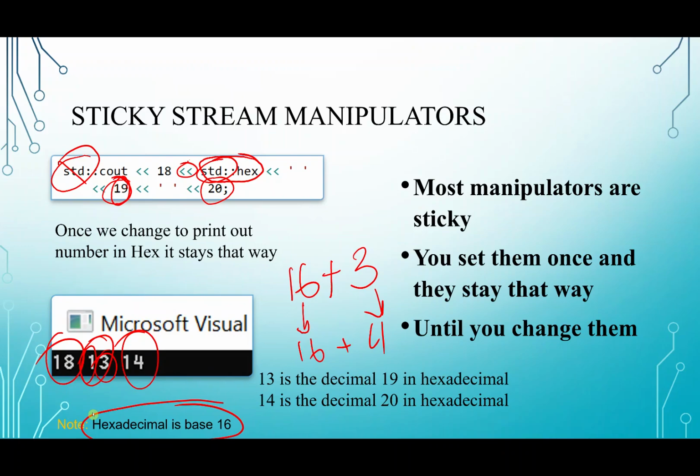So this is a sticky manipulator because we didn't have to write std hex for every number. We just did it once, and every number after that is going to be in base 16 until you set that flag off.